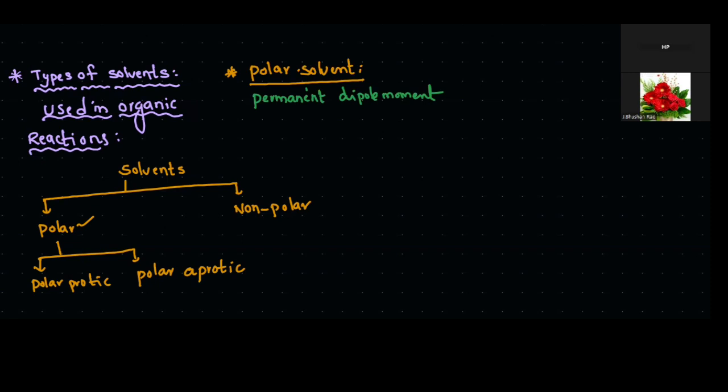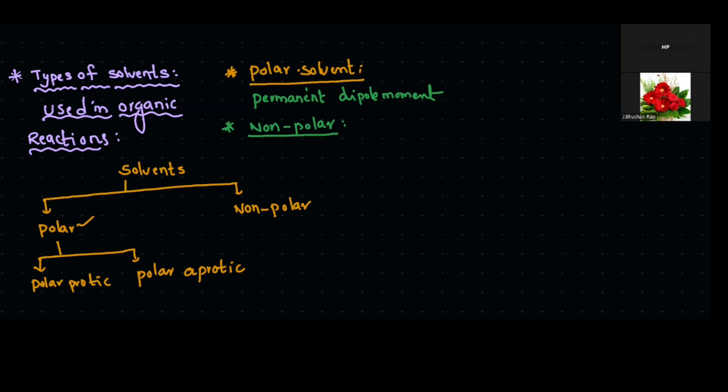Next, the second one is non-polar. What is the meaning here? Non-polar solvents are the solvents whose molecules possess no net dipole moment.